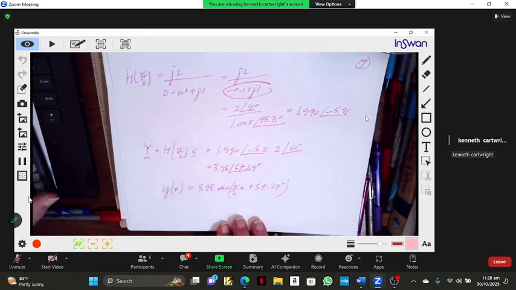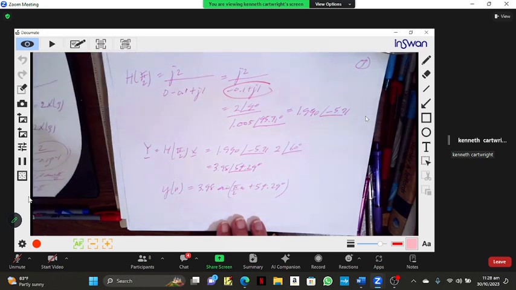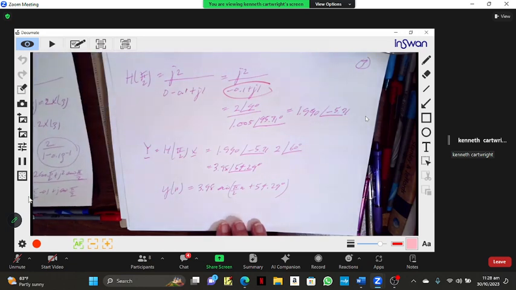And again, this problem should be really easy for you all because of all the work we did previously on phasors. Any questions about this?